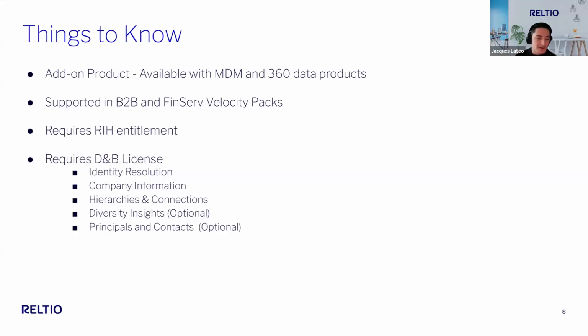Some things to know. The Reltio enrichment with DNB data blocks is an add-on product, so it would require an entitlement. And it is available with our MDM and 360 data products. So not available in or with entity resolution products. It is supported out of the box with our B2B and FinServe velocity packs.